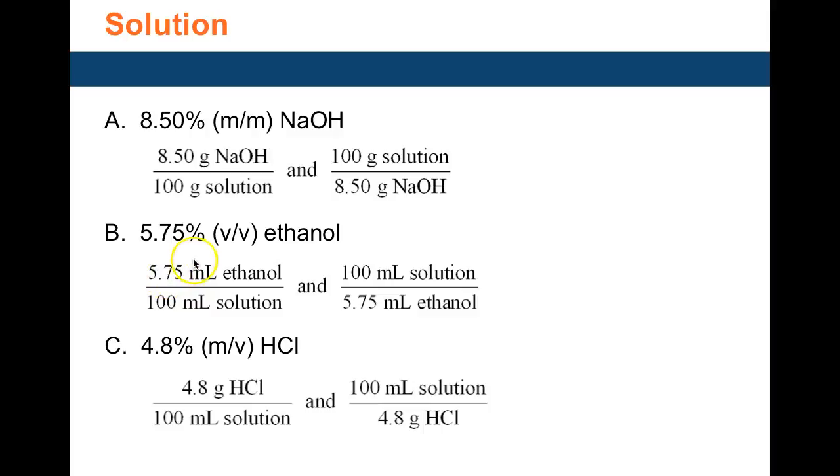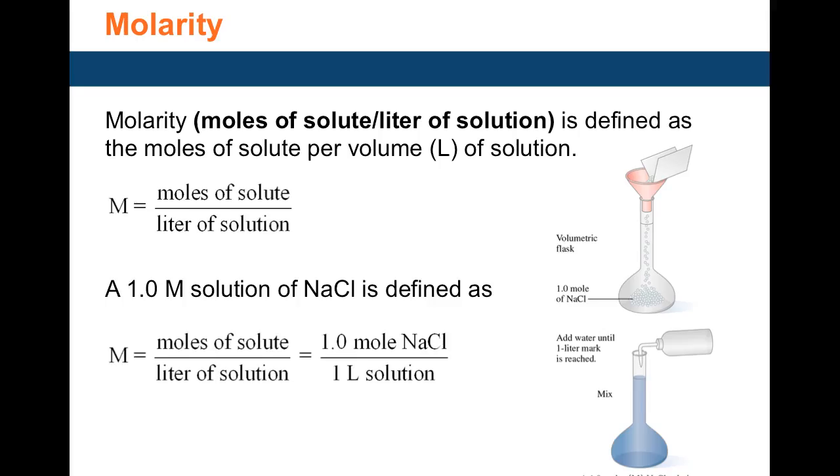For the second one, 5.75 mils of ethanol divided by 100 mils of solution, or 100 mils of solution divided by 5.75 mils of ethanol. Mass by volume, that's 4.8 grams of HCl by 100 mils of solution, and vice versa.